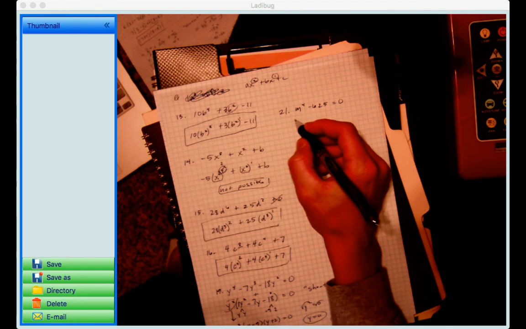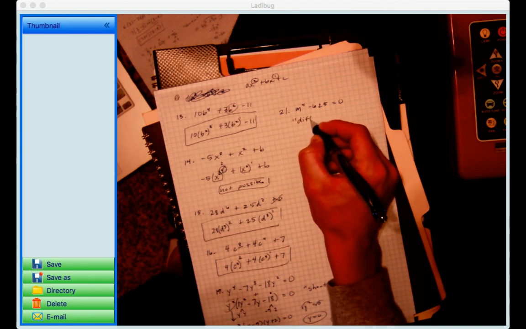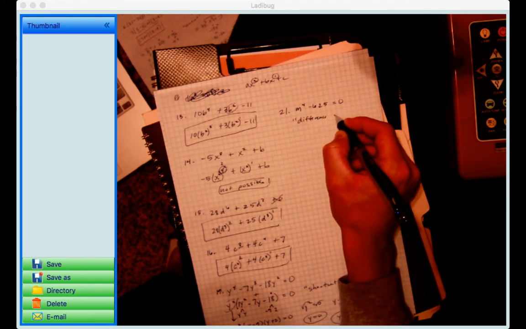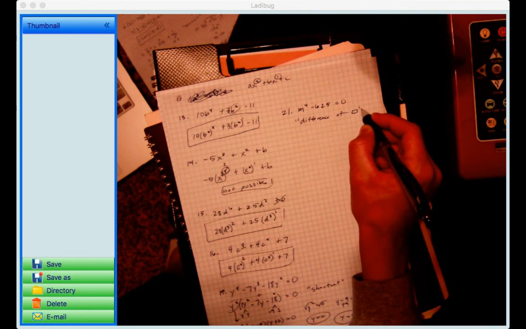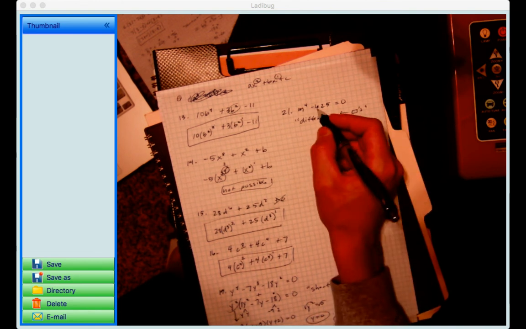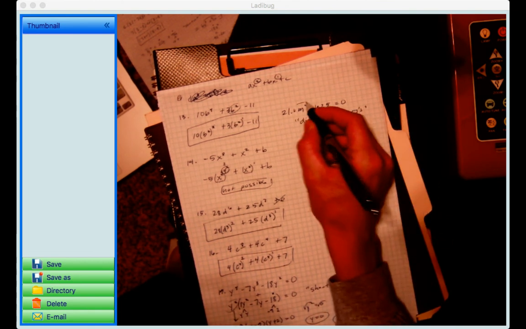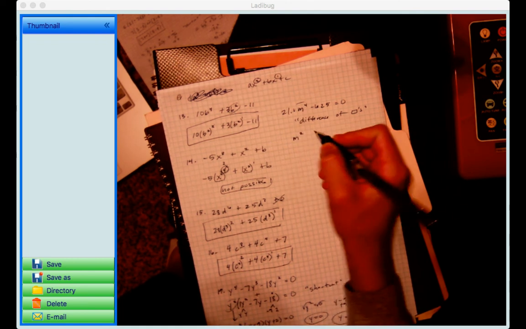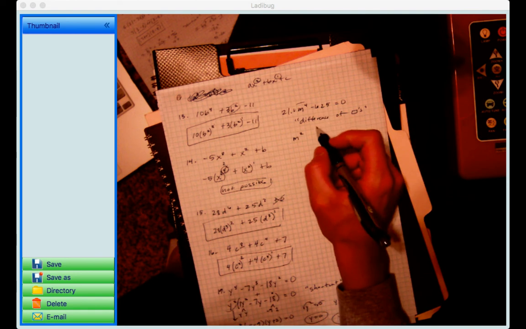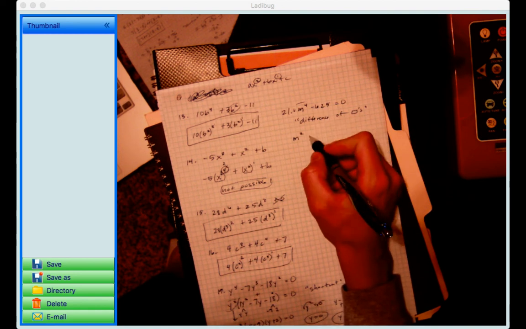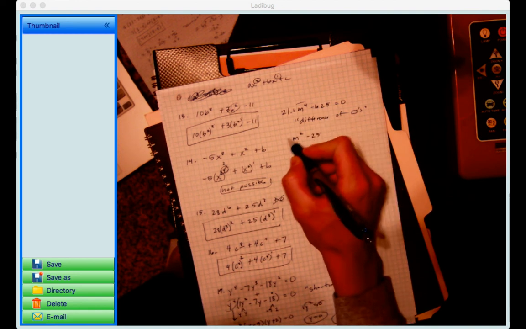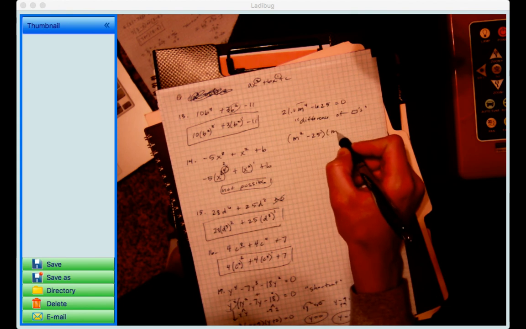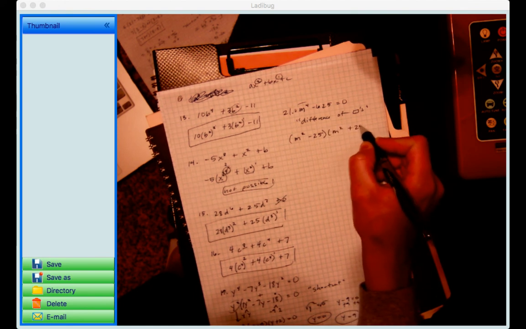So I always think of the difference of squares, because the difference is a minus sign. Now the square root of m^4 is m squared, and then the square root of 625 is 25. So we have m squared minus 25 and m squared plus 25.